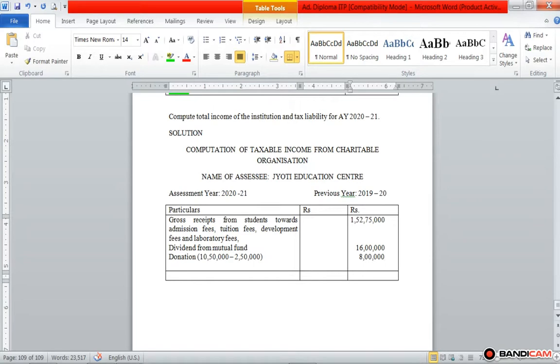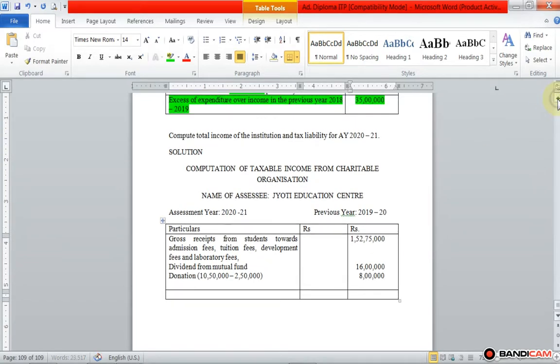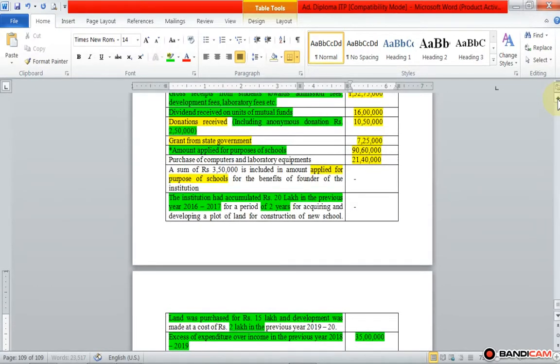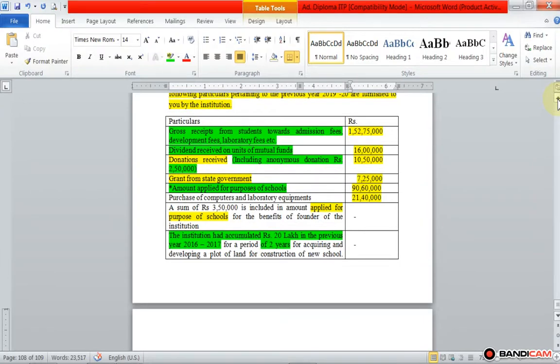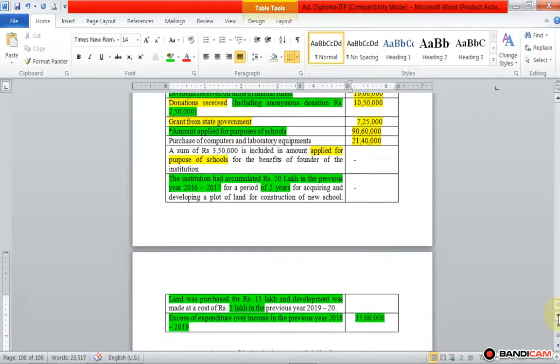Then another income, that is grant from state government. So grant is an income of the institution.